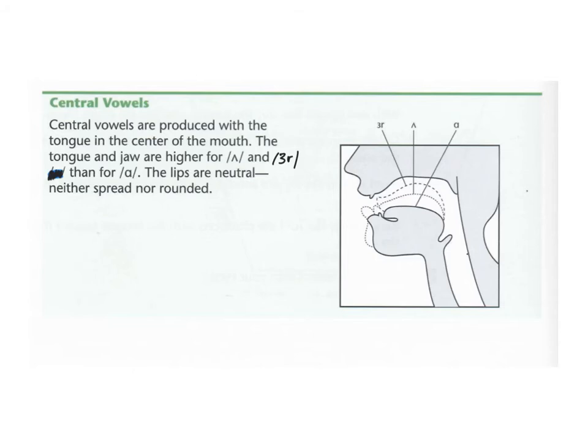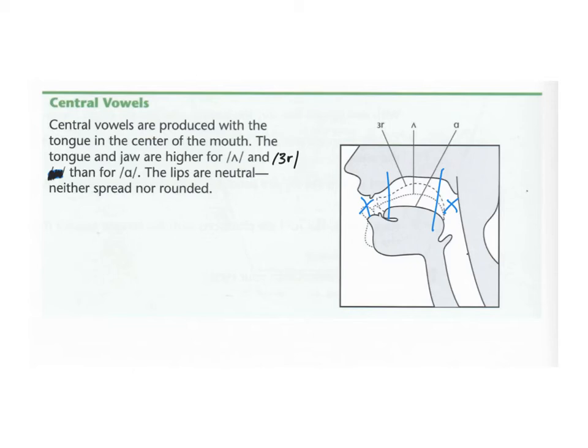Now we're going to look at the central vowels. So in the central vowels, you are making the sounds in the middle of the mouth, not in the front and not in the back.